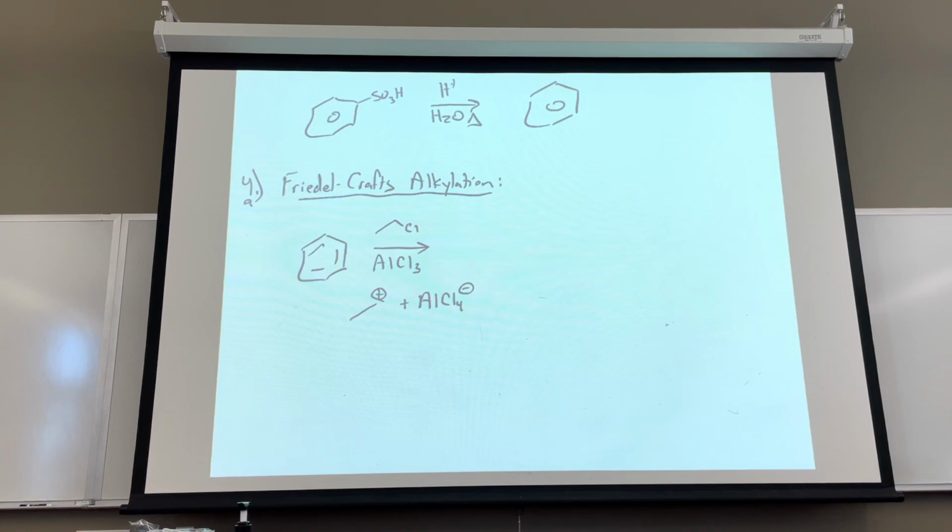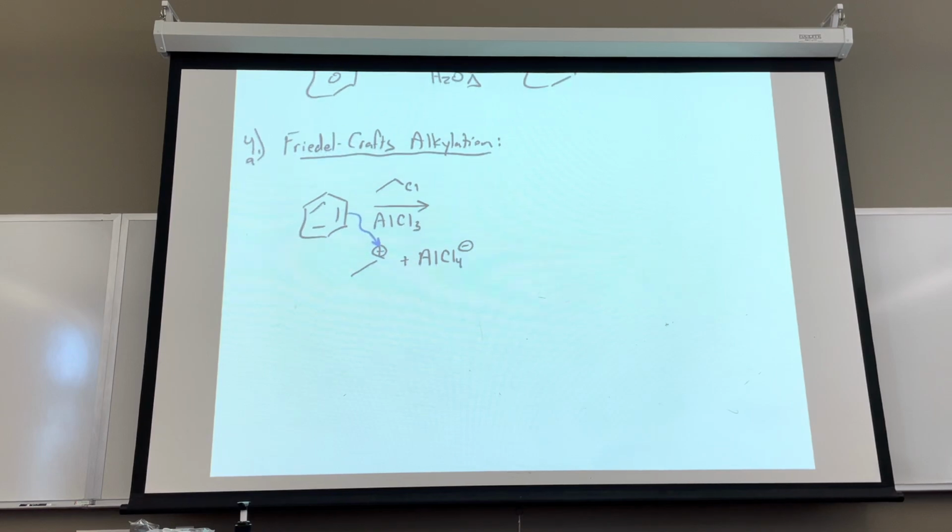And you all know at this point how reactive carbocations are. They're very, very electron deficient species that will take electrons anywhere they can find them. And again, there happens to be that very rich area, high electrons. And so in the first step, the pi electrons go out to attack the carbocation.